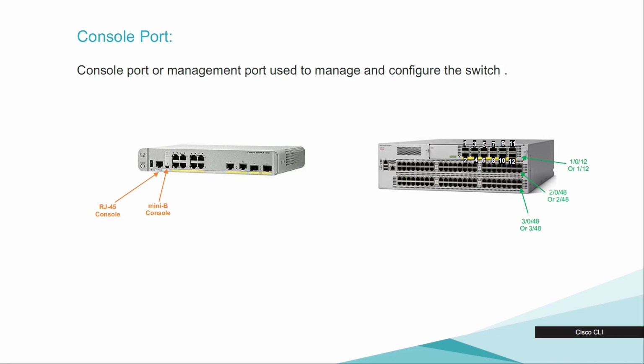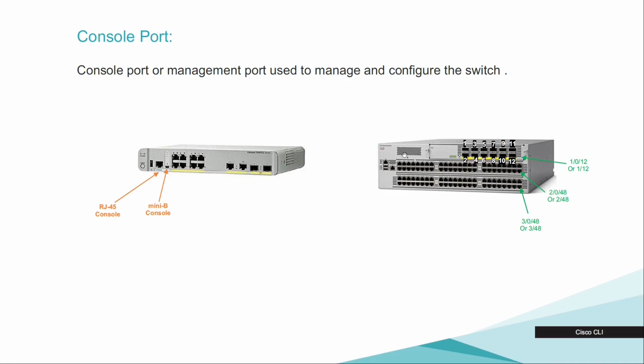Instead, Cisco will use the module. For example, port 12 we can see as 1/0/12, or it could be 1/12. The 1 refers to the module or blade number, and 12 refers to the port number.